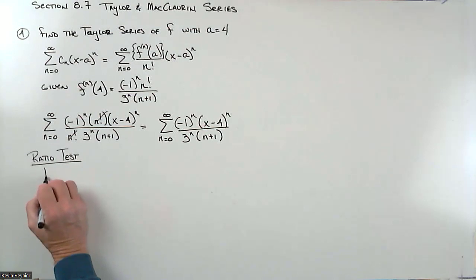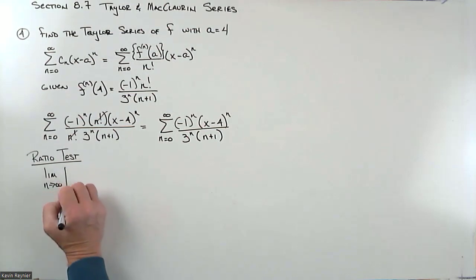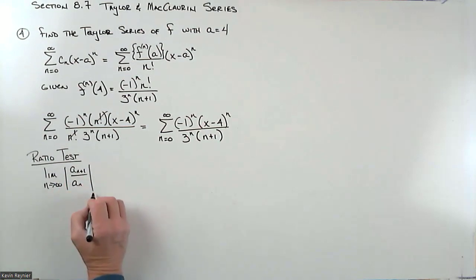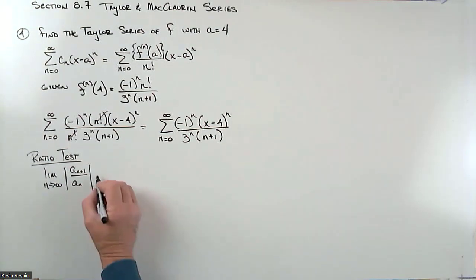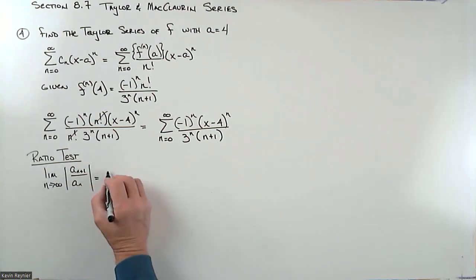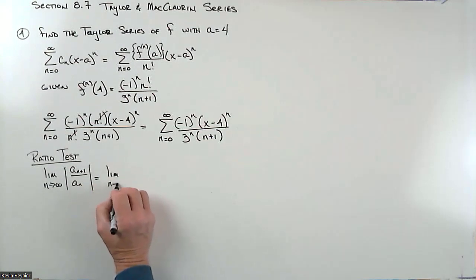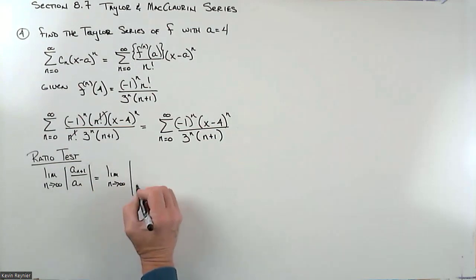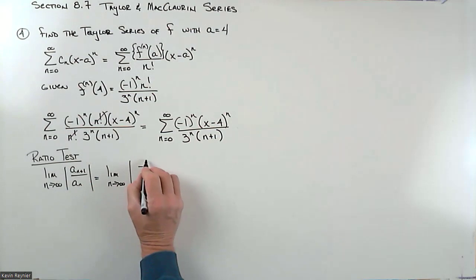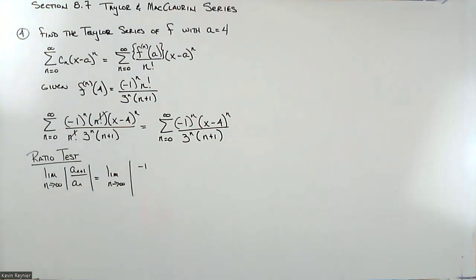So if we do the ratio test, we get the limit as n approaches infinity. Remember, we're taking the n plus first term divided by the nth term, but because we have fractions, we'll multiply and invert the denominator. So this gets us the limit as n approaches infinity. Here we're going to have -1. Well, we don't need the negatives because we're inside the absolute value, so we'll just drop those.